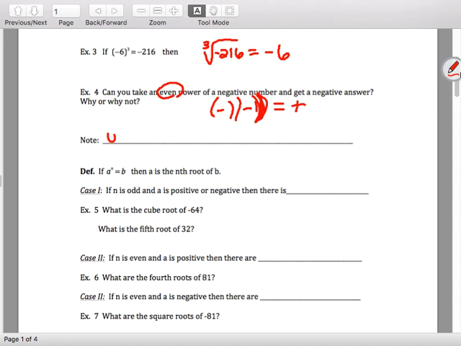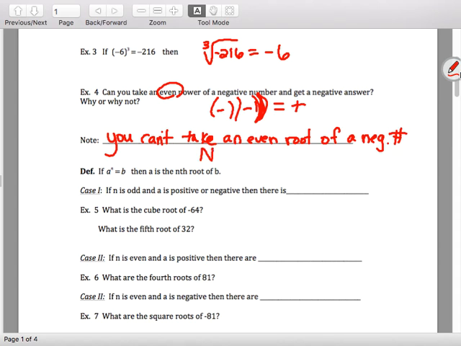So here's a note. You can't take an even root of a negative number because, exactly as George described it, a negative times a negative is positive.